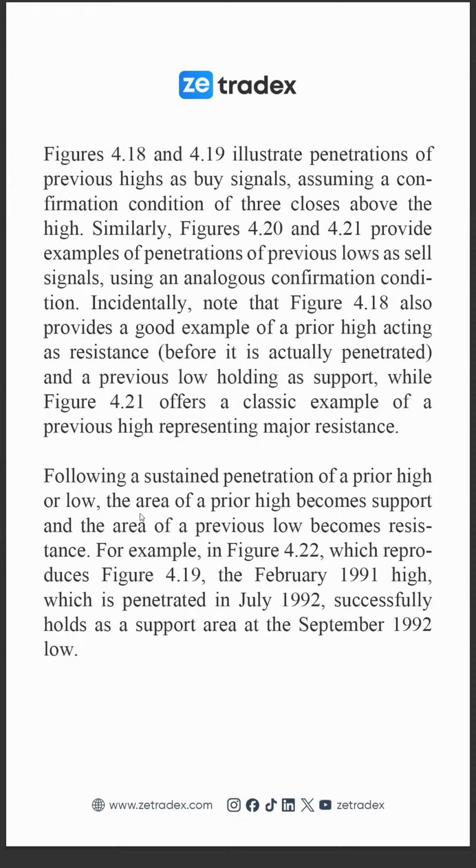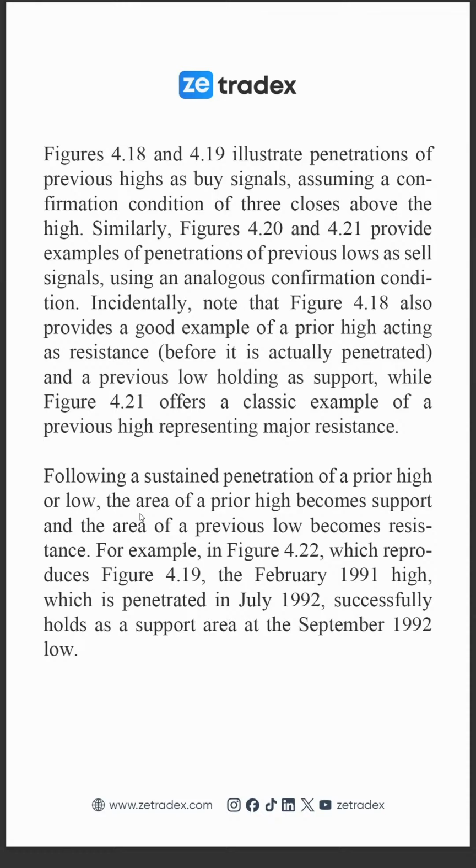Now, figures 4.18 and 4.19 illustrate penetrations of previous highs as buy signals, assuming a confirmation condition of 3 closes above the high. Similarly, figures 4.20 and 4.21 provide examples of penetrations of previous lows as sell signals.